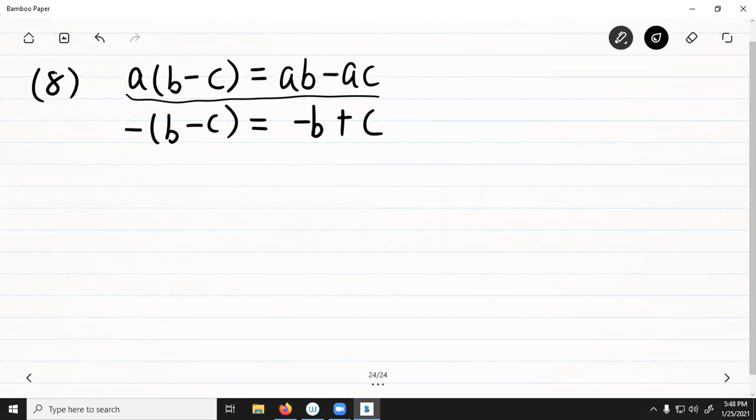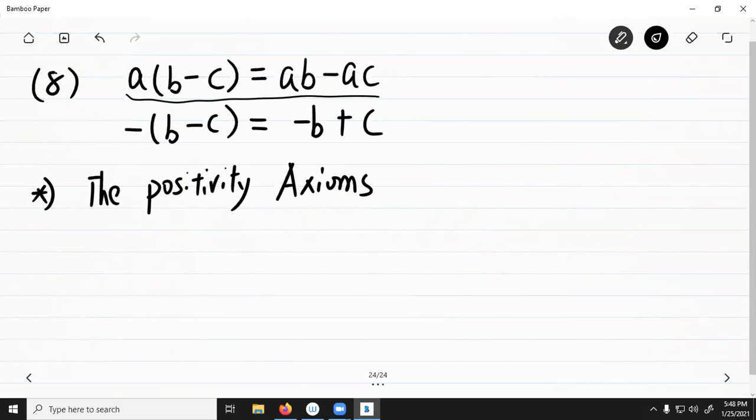So the next one is called the positivity axiom. What is the positivity axiom? We want to use the positivity axiom to introduce the order of the real numbers. One is greater than the other one, one is less than the other one, one is equal to the other one, right?